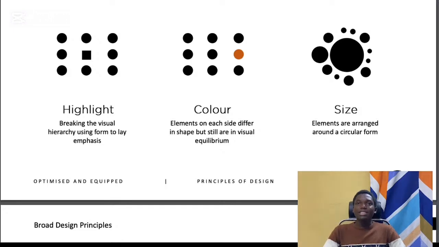There's a way in which you design a concept in which there will be hierarchy, and there will be a sense that this thing is dominating other parts of the design. And we have the highlights, breaking the visual hierarchy using form to lay emphasis. So now we have every other thing to start with.